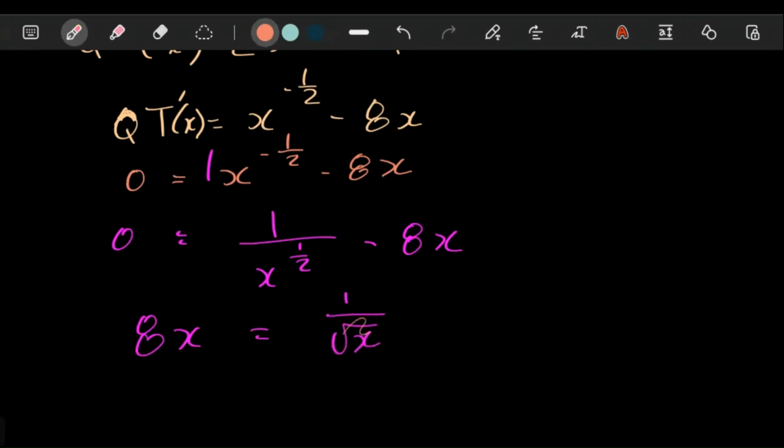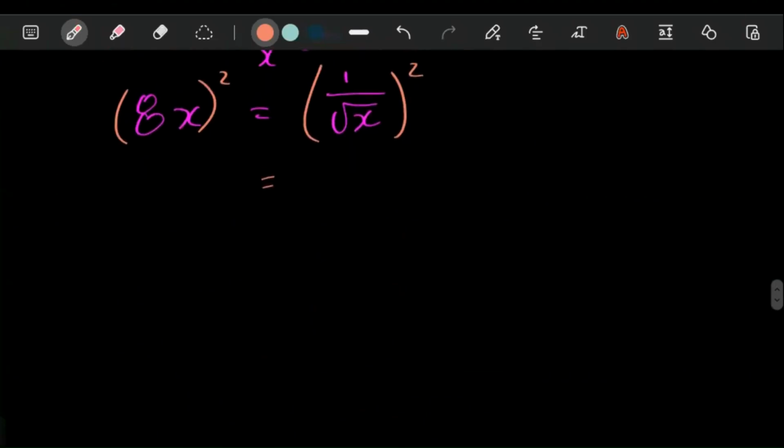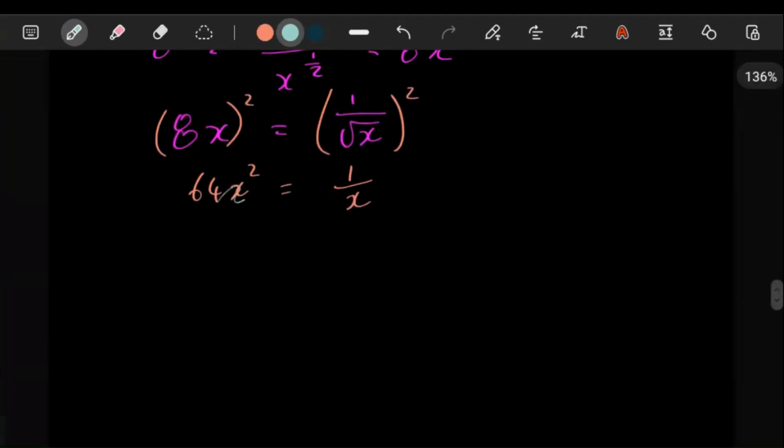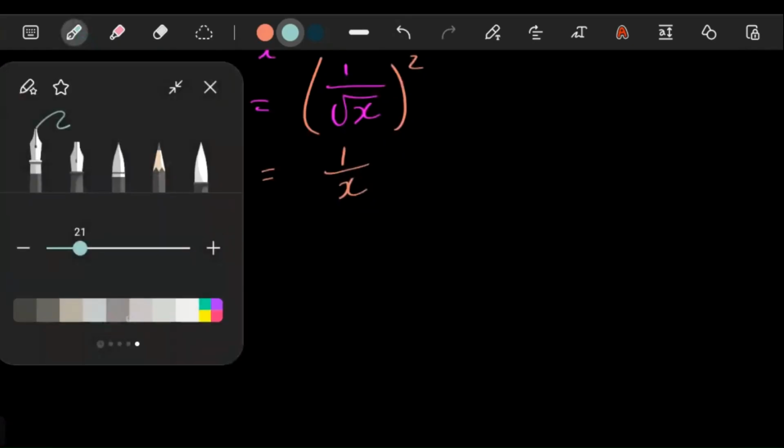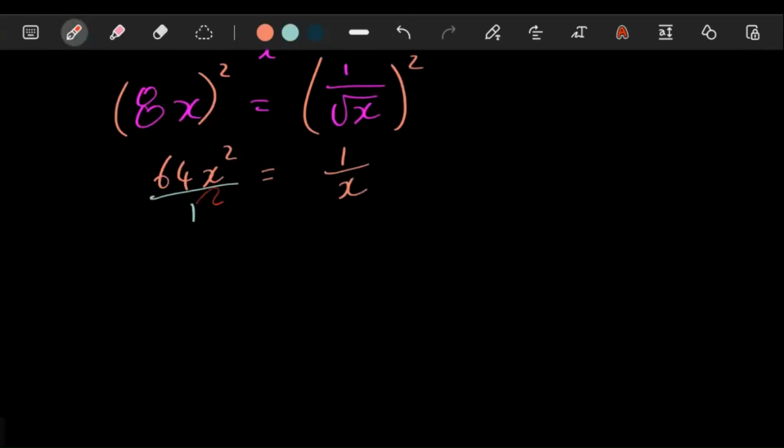To get rid of the square root, you can now square this side, square this side. Then this is going to give you 64 x squared on one side, and 1 squared is 1 on the other, and this squared gives you x. Since we have a fraction on one side and a fraction on the other side, we can cross multiply. 1 times 1 is 1, x times 64x squared is 64x cubed.